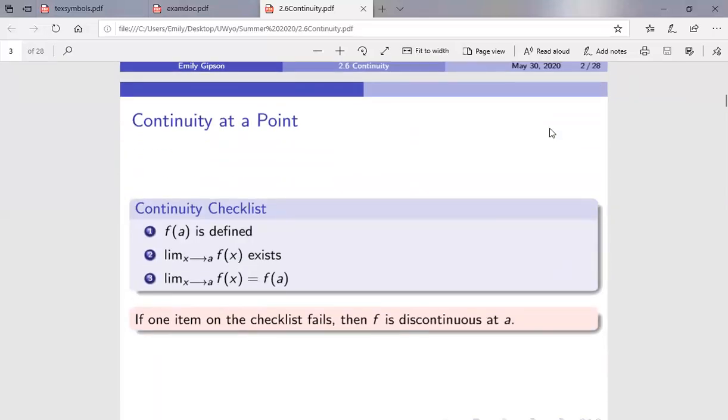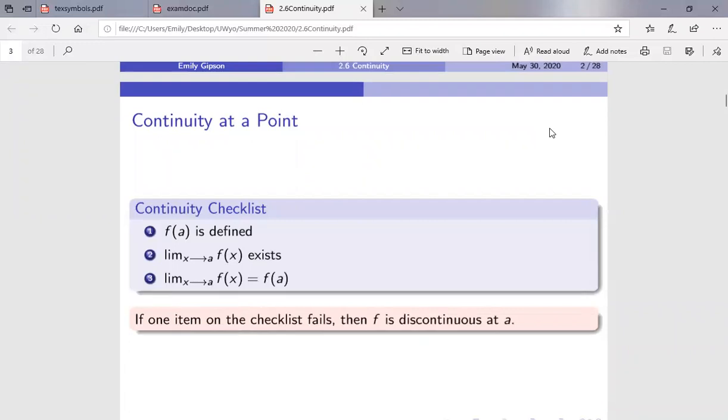So first of all, to check that a point is continuous, f of a has to be defined. So we can't have any open circles. We have to either have filled in bubbles, or a line going through a point. Second, we need the limit as x approaches a of f of x to exist. It doesn't matter what it is, it just has to exist. And then third, it does matter what the limit is.